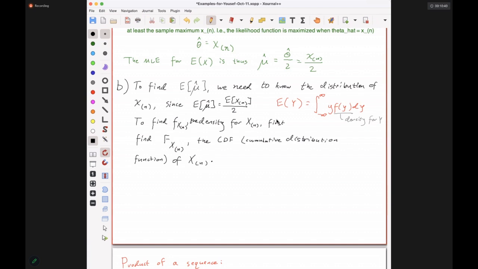Does it make sense why we need to know the cumulative distribution function? How do we go from the CDF to the density?